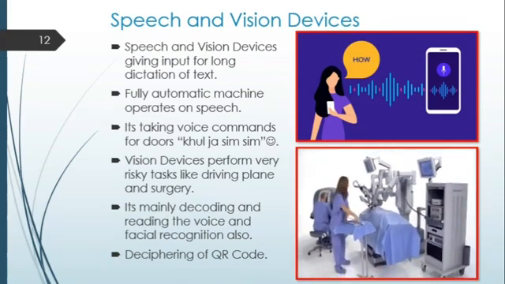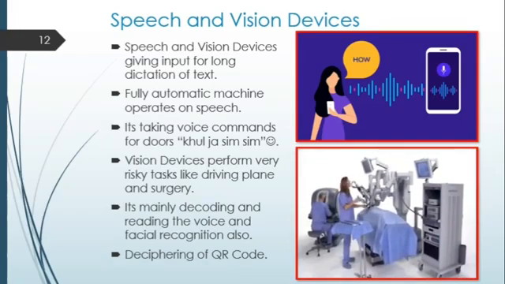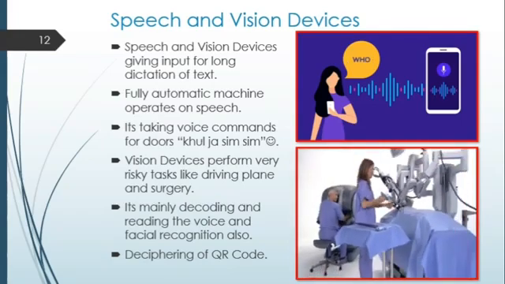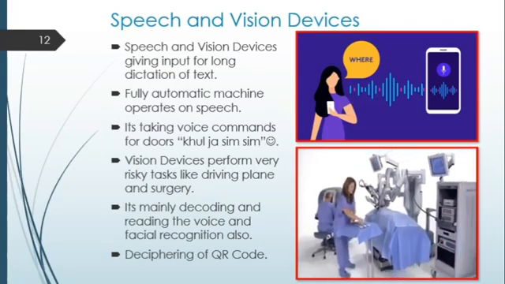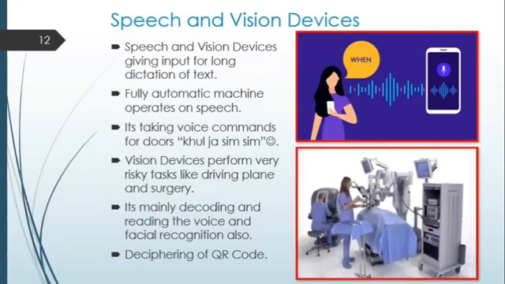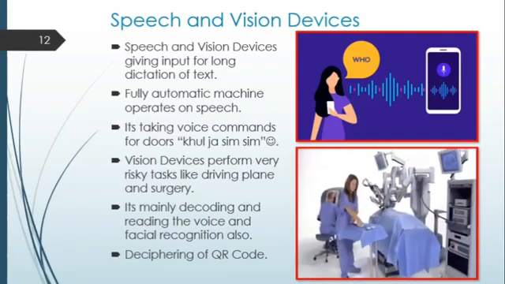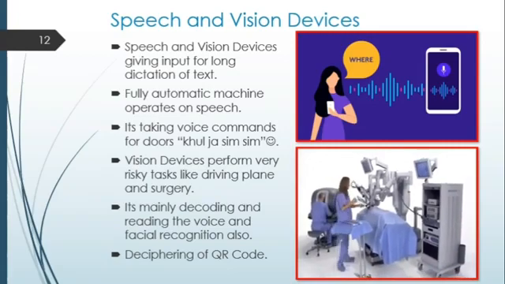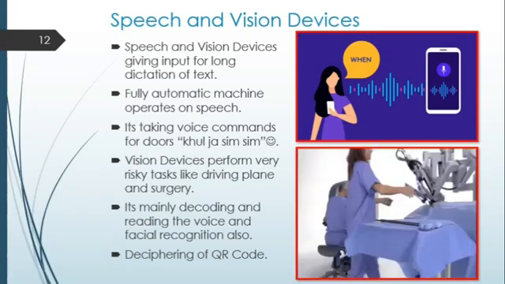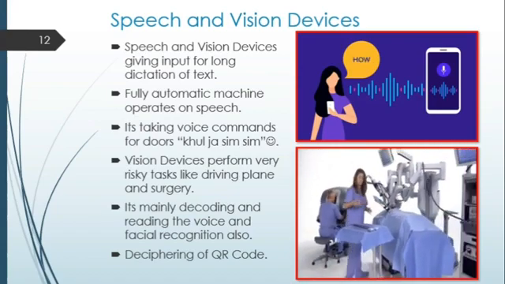It takes voice commands for doors, like "khulja sim sim". Vision devices perform very risky tasks like driving a plane and surgery. Many times doctors are not there, so whatever instruction is given on the screen is carried out by the device for surgery purposes.